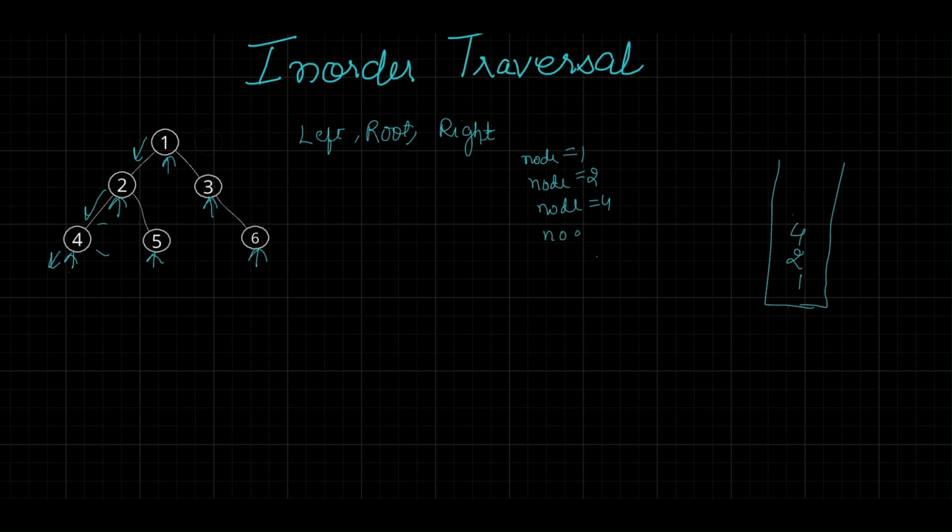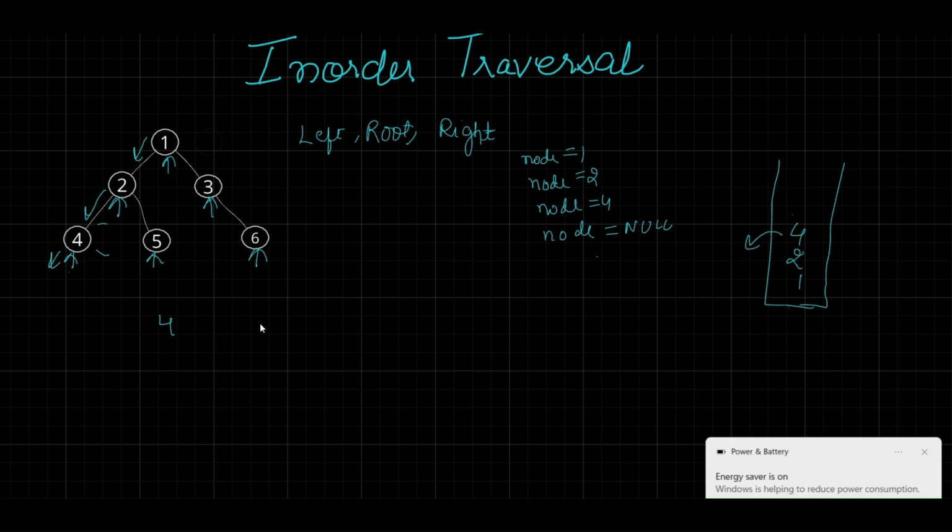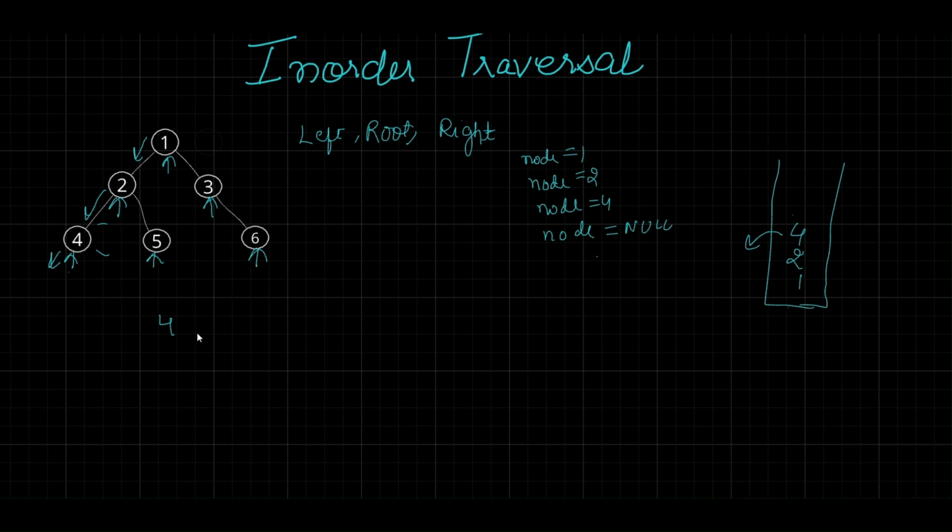Now again, the left side of the node, what we got first is null. As soon as we get the null, we will pop the first element out of the stack and place it inside the result list. So here, after receiving node equal to null, we have popped out this node from the stack and placed it inside the result list, and now we will move towards its right side.